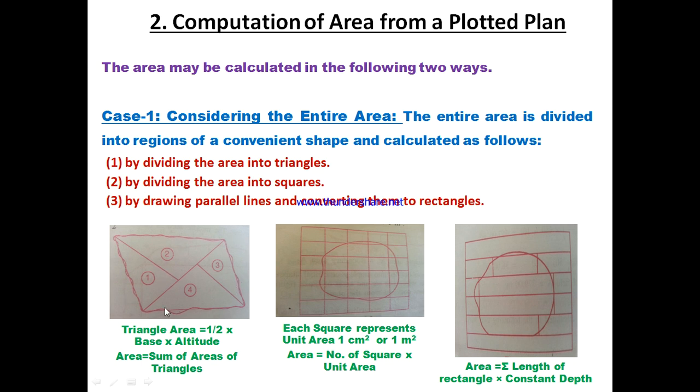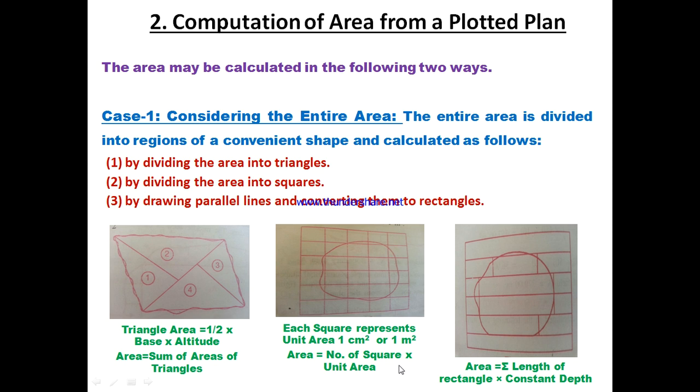So here, suppose this is an irregular area and we have divided this irregular area into convenient shapes of triangles. So for triangle area, as you already know, 1 by 2 base into altitude, and then the area will be the summation of all these small triangles. Similarly here, if each square represents, suppose, a unit area of 1 centimeter square or 1 meter square, then in this case area will be number of squares into unit area.